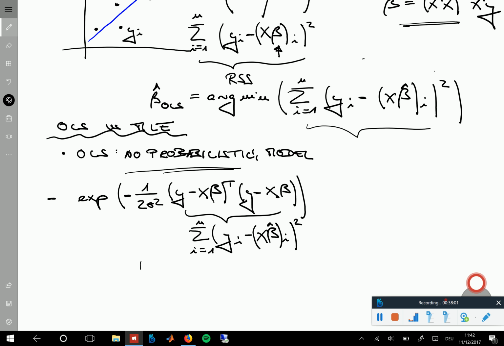Of course it plays a role also in the case of the maximum likelihood estimation.